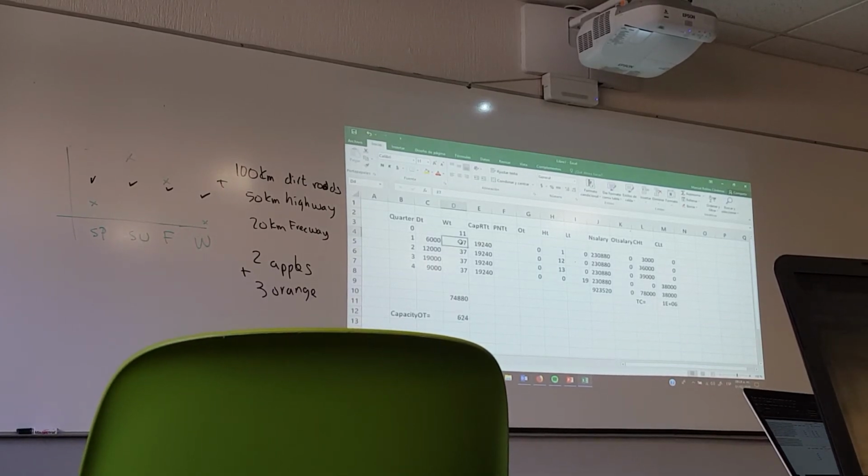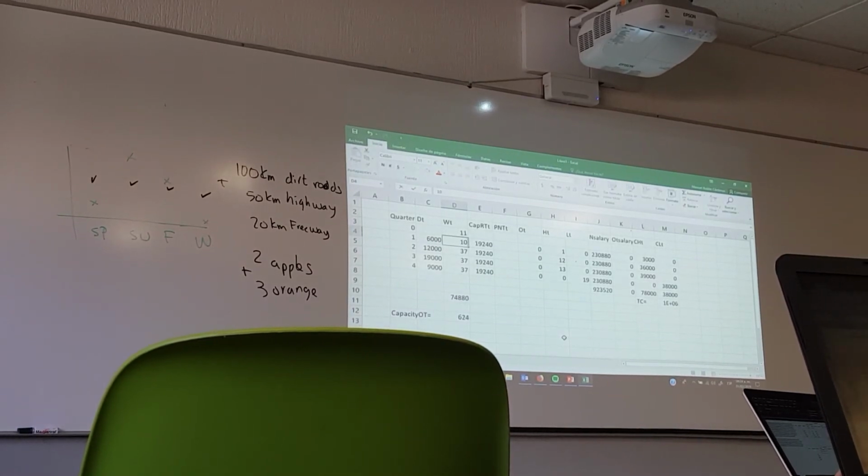So how many workers do we actually need in period number 1? The demand divided by 624. So how many workers do we need? 10, or 9. 10? But is that good? No. Okay, it's not good. So what is the proper solution?